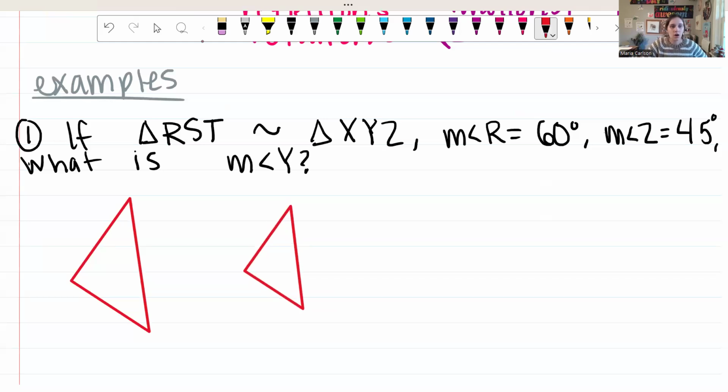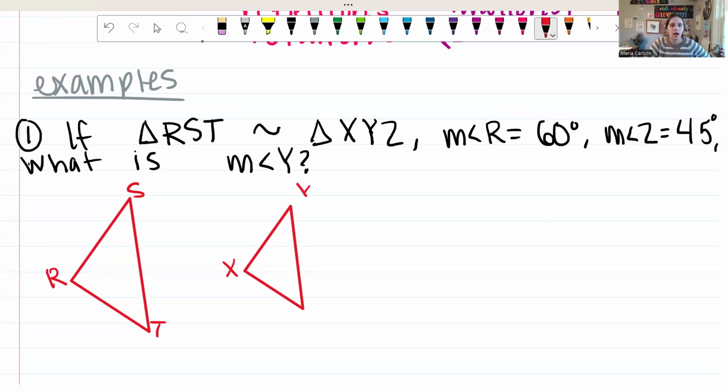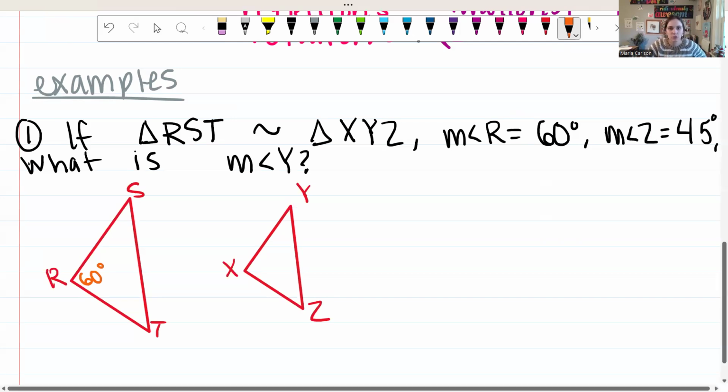RST is similar to XYZ: X corresponds to R, Y to S, and Z to T. Now let's fill in what we know. R is 60 degrees, and Z is 45.